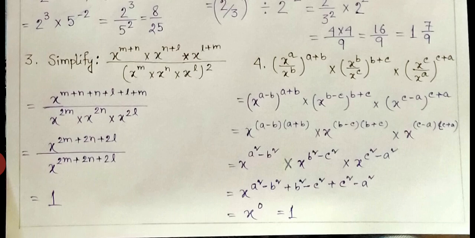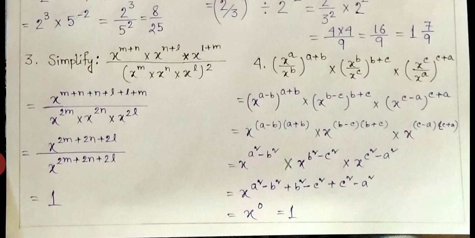Now in the numerator, the exponents are of the same base x and they are in multiplication. So the base x will remain the same and the powers, that means exponents, will be added.